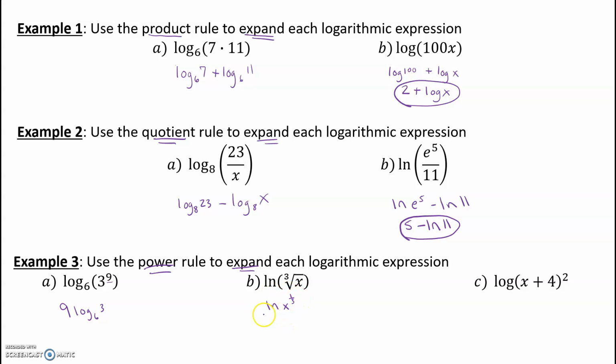So again, you can bring that exponent out front, 1/3 the natural log of x. And that would be your answer. Here, bring that 2 out front, 2 log of x plus 4. So if you have an exponent, you can bring it out front.